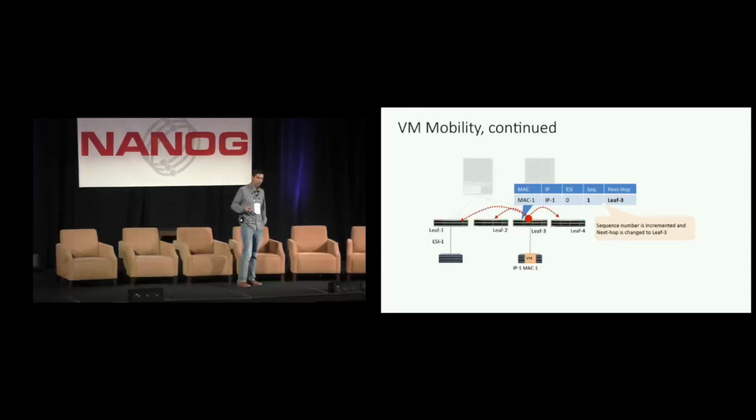When all the other leaves receive this route from leaf 3 with a higher sequence number, they know that this is more recent reachability information, and they will modify the forwarding state for the MAC for this host to recurse via leaf 3 instead of leaf 1. And leaf 1, when it receives this route from leaf 3, can use this advertisement to clean up any stale state that it would have learned for that host locally prior to the move.